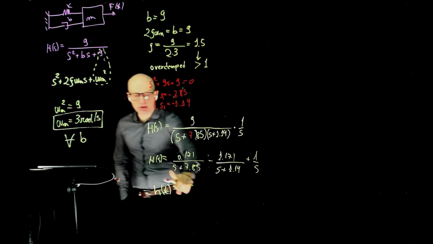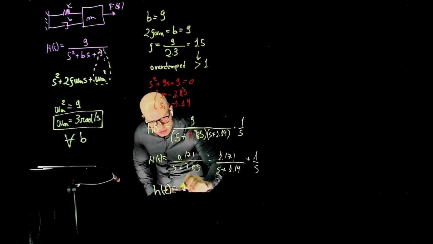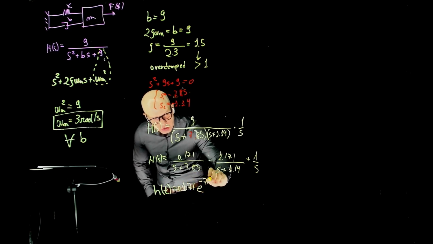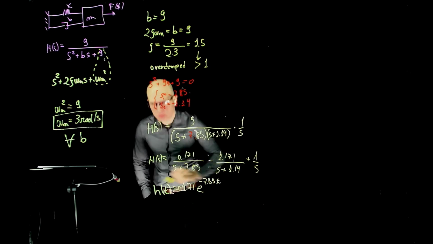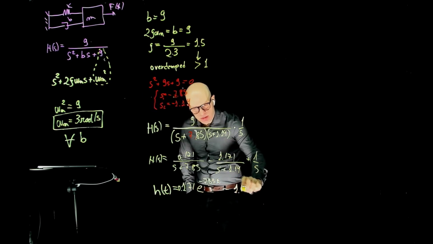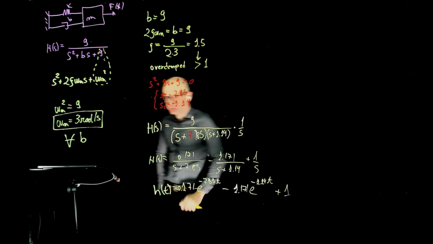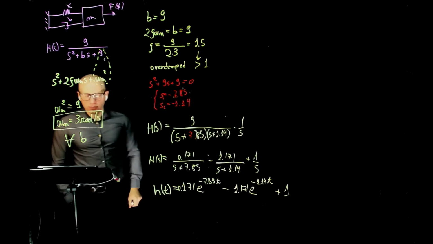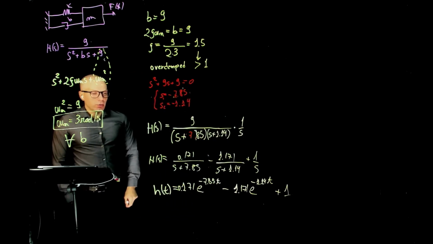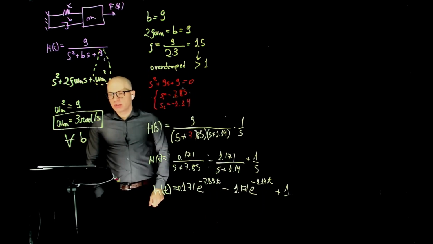The first term, 0.171 exponential of negative 7.85t minus exponential of negative 1.14t plus 1. What do we see? We see two exponentials and a constant value, which is the steady state value.